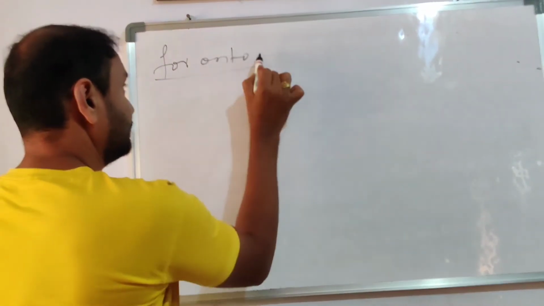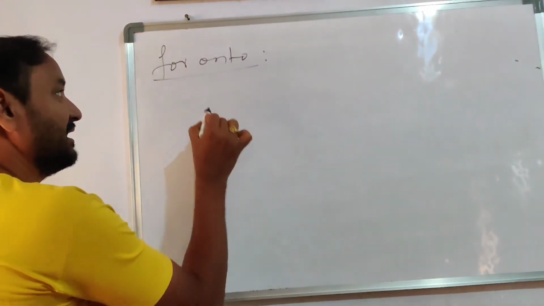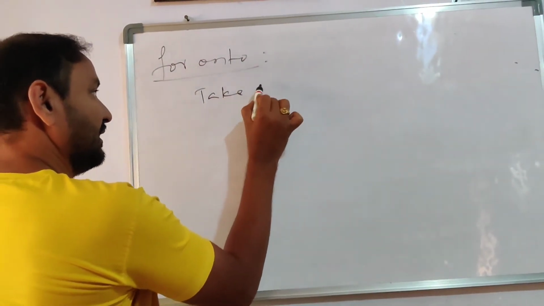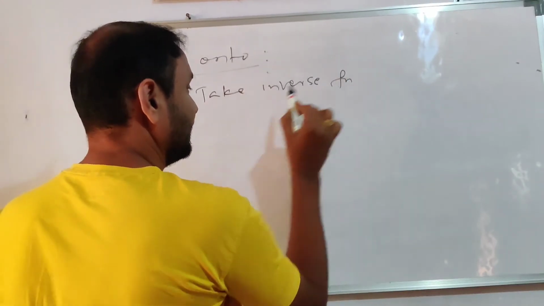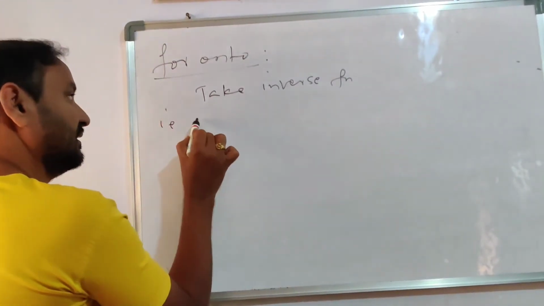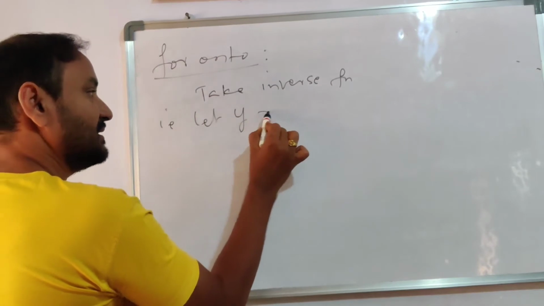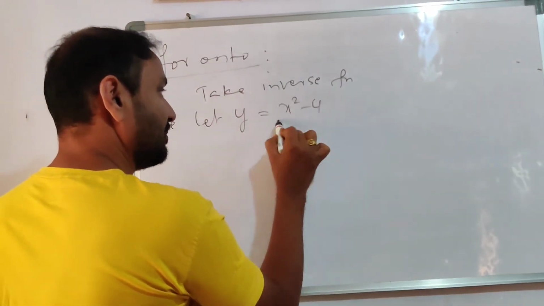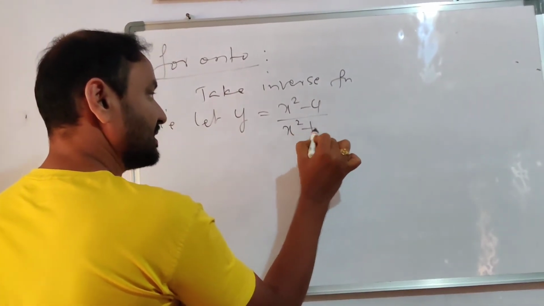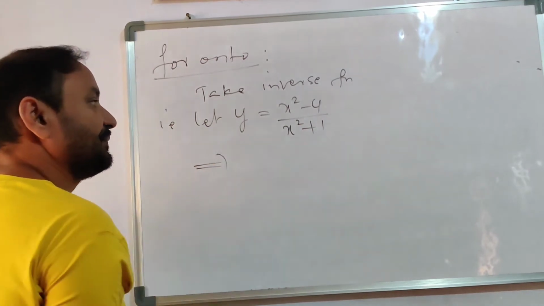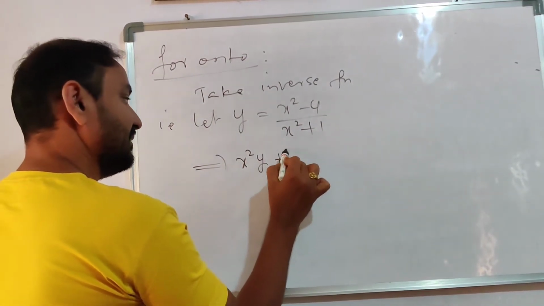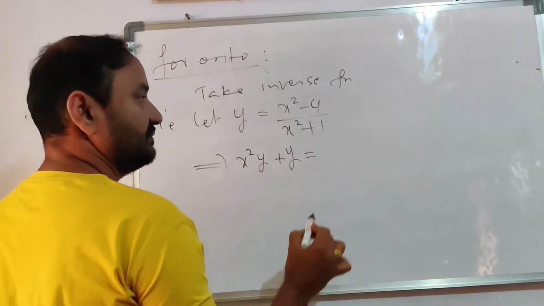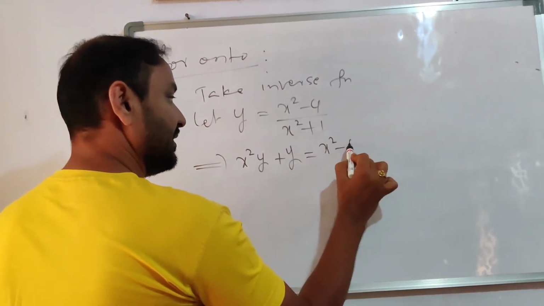For onto, take the inverse function. Let y = (x² − 4)/(x² + 1). That implies x²y + y = x² − 4.